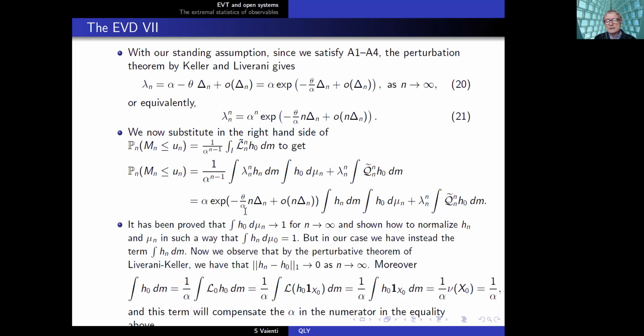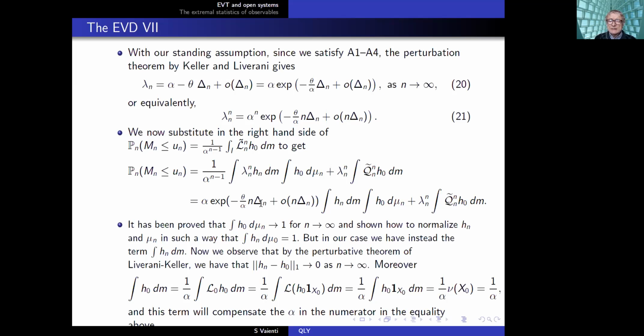And you will see immediately that if we want this quantity to give us some non-degenerate limit, we need that this product between n and delta n should go to some fixed number.